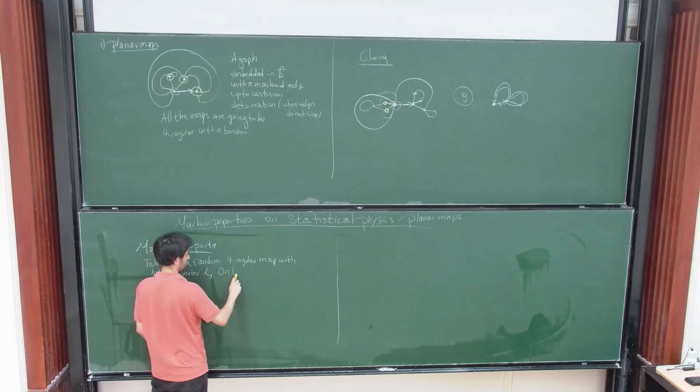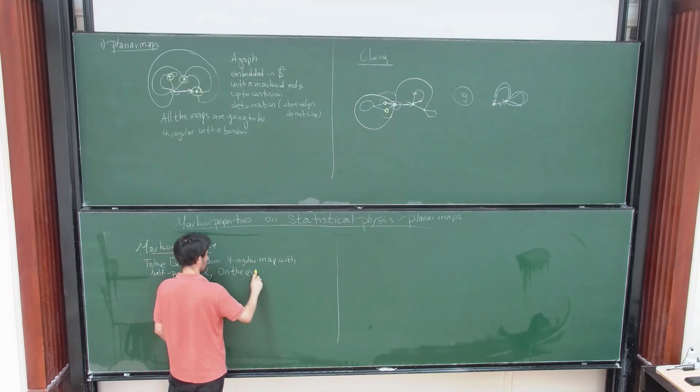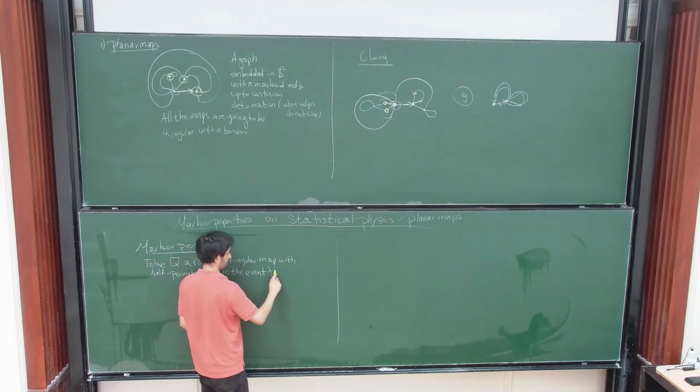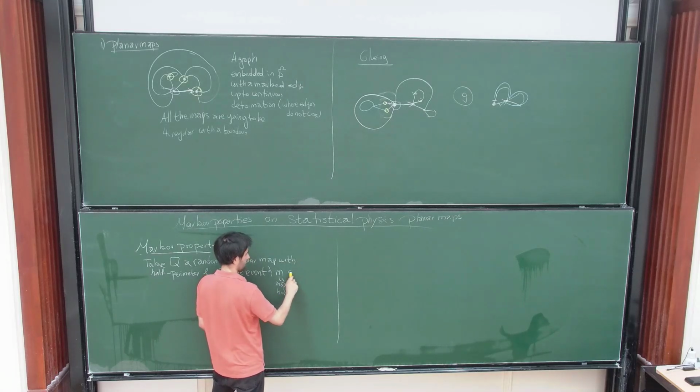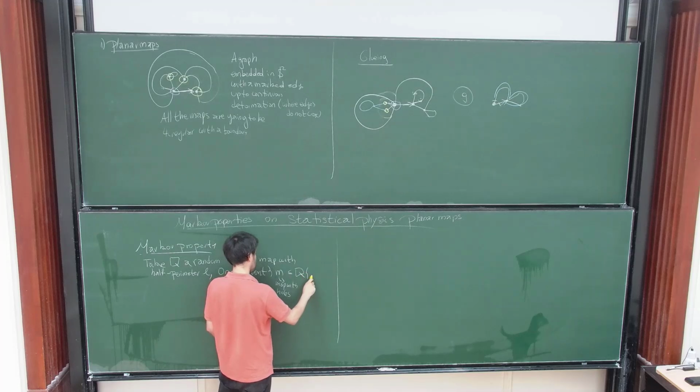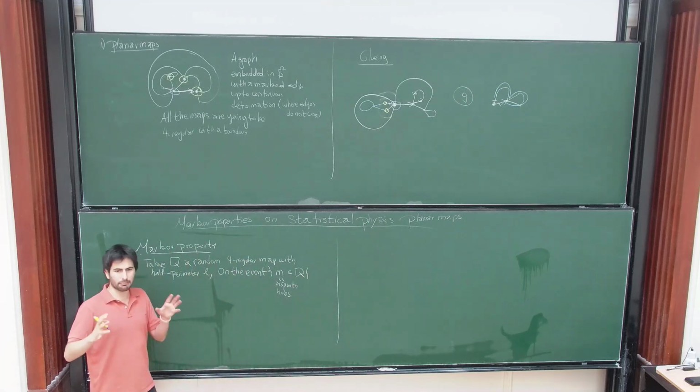On the event that a certain map with holes M is contained in Q. What do I mean that the map M is contained in Q?